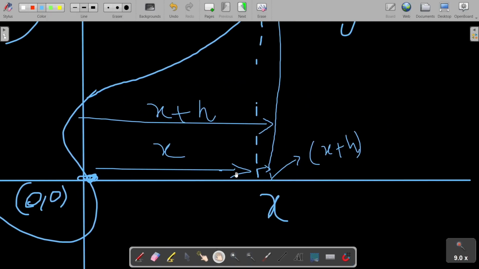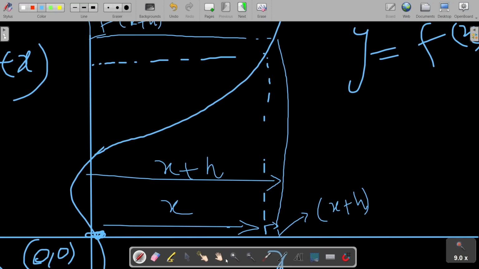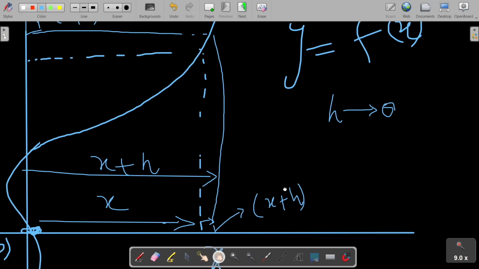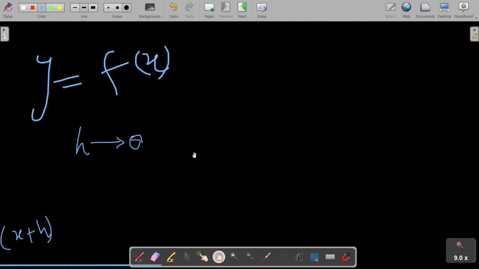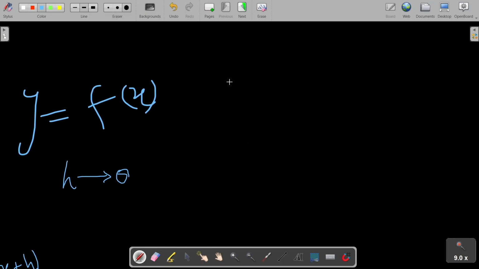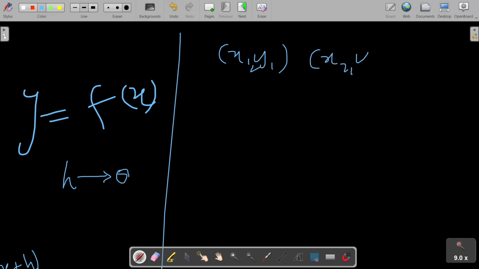In this example, we know that h is very small, so h tends to 0. We are talking on a very small scale. So we know that for 2 points, x1 comma y1 and x2 comma y2, the slope for these 2 points is y2 minus y1 over x2 minus x1.